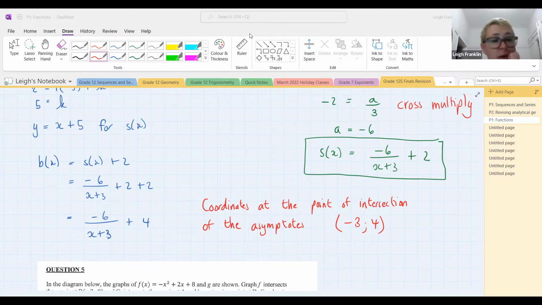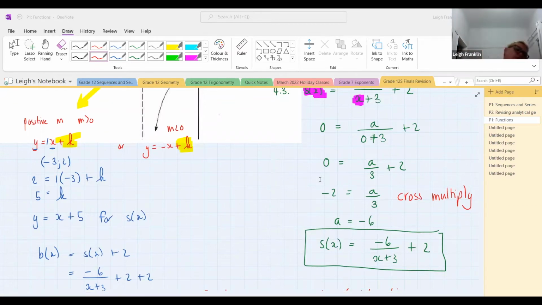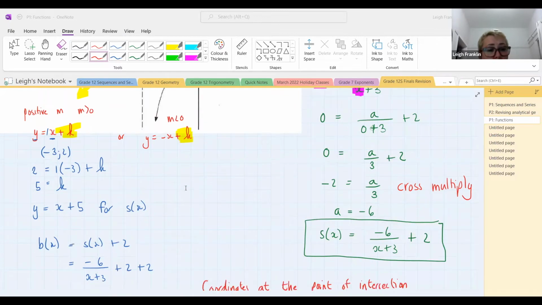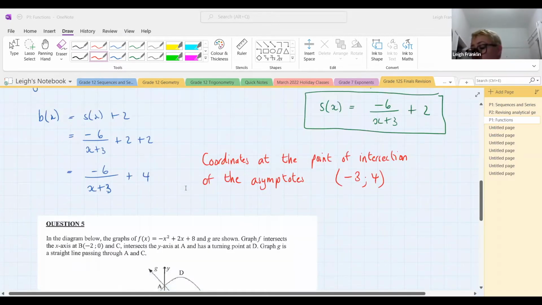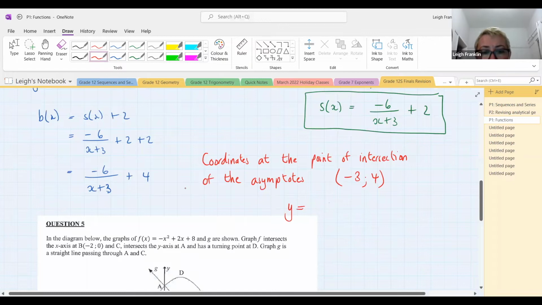That's fine. Absolutely, Tisha. That's what you feel is better for you. That's no problem. I personally think this is the easiest way to do it. I know there are other formulae that you can learn, but in my opinion, this is what I think is the most straightforward. Okay, and you will get the same answer, provided you use the other method correctly. Okay, so now we know that it has to be y equals x plus k.